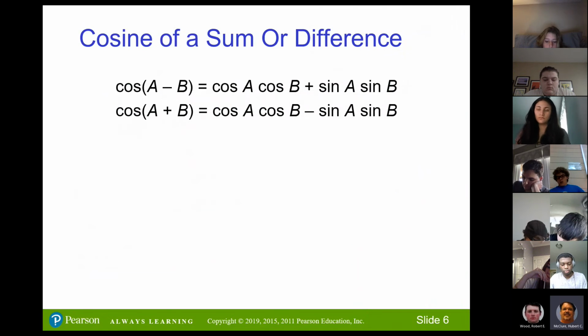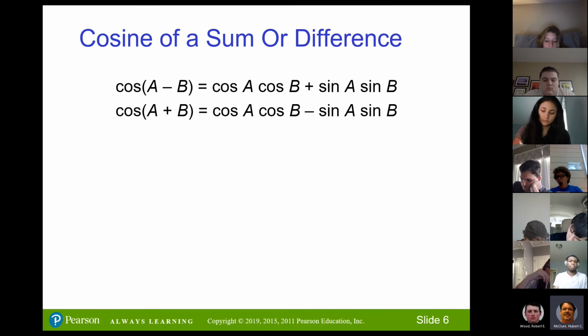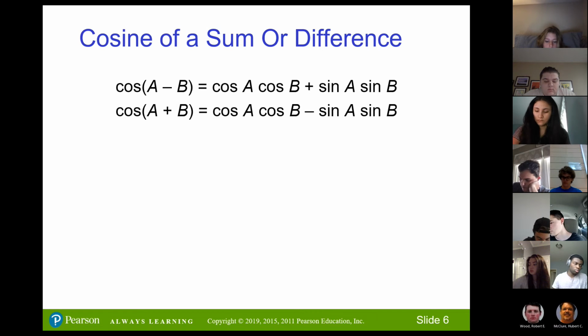Sum or difference, cosine. They're supposed to be sine, but I don't know where they got them on these slides. So you might want to write those down. Cosine of A minus B is equal to cosine A cosine B plus sine A sine B. And cosine of A plus B is cos cos minus sine sine. However you want to memorize them is fine.